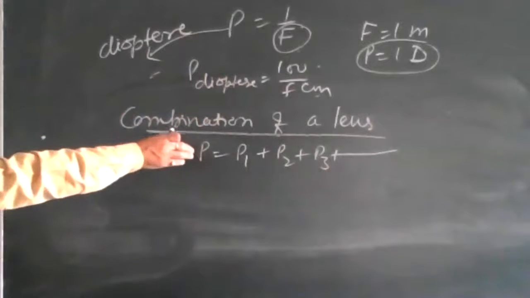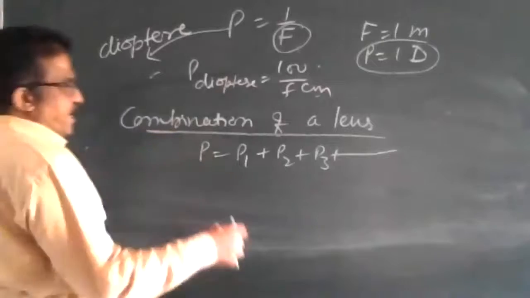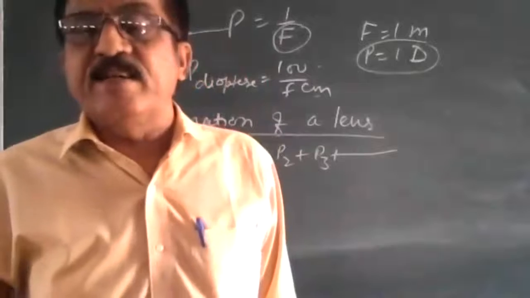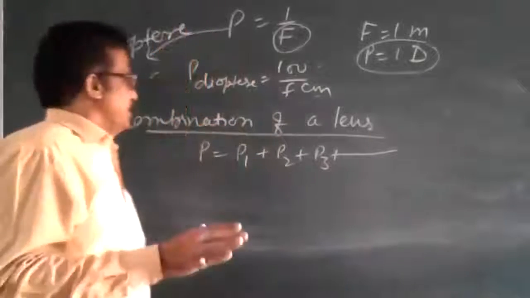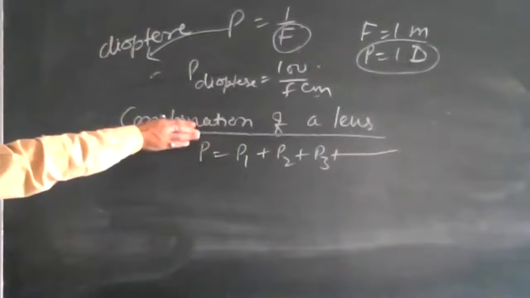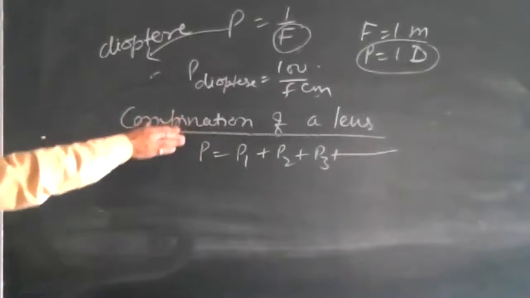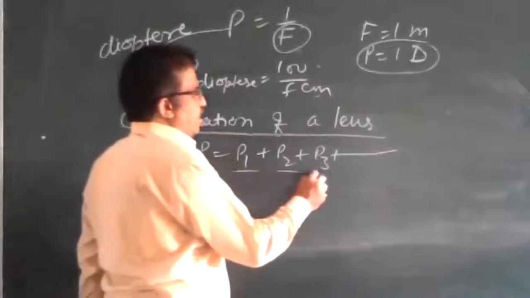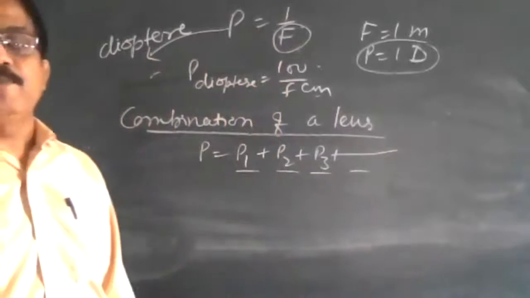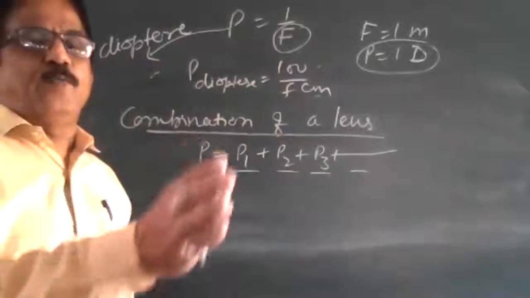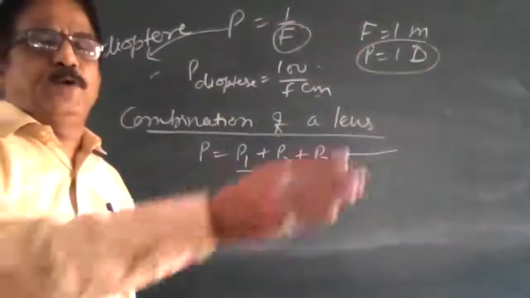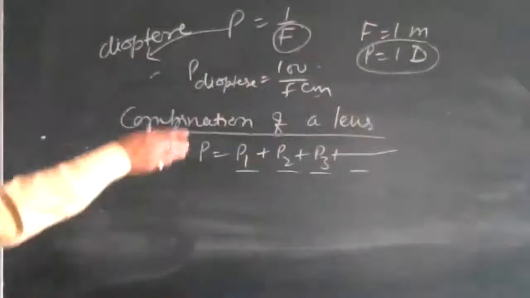When a number of thin lenses are placed in contact with one another, then the power of the combination is equal to the algebraic sum of the powers of all the lenses. Add them all, convex or concave, with powers P1, P2, P3, P4.